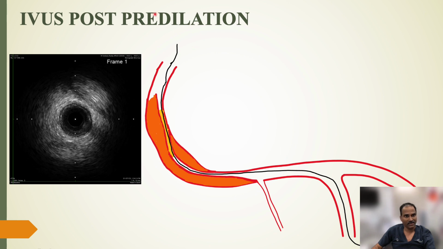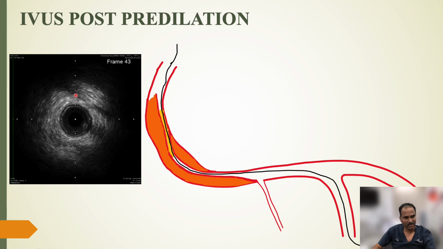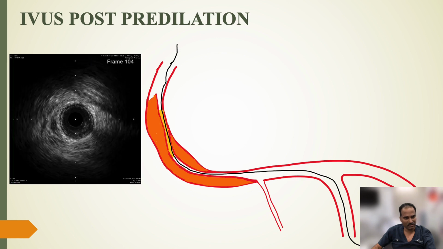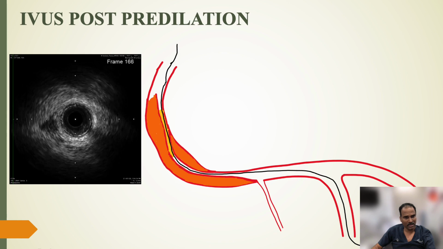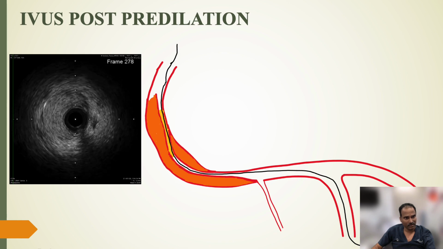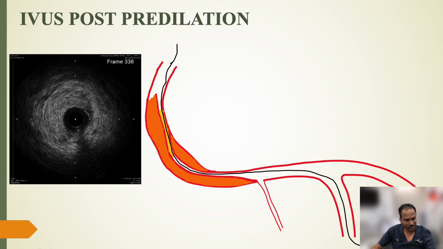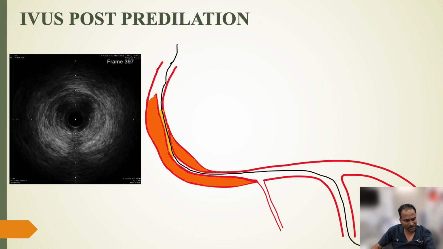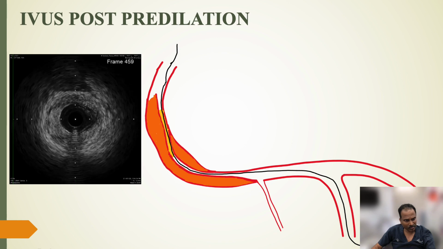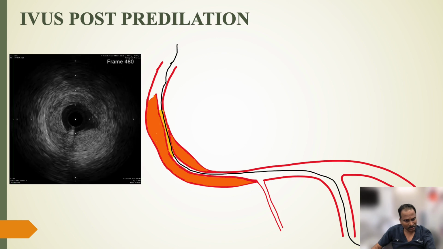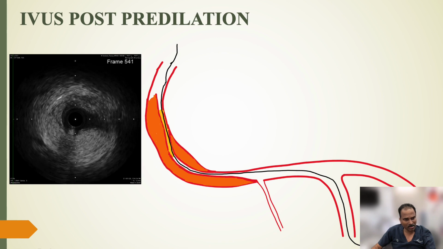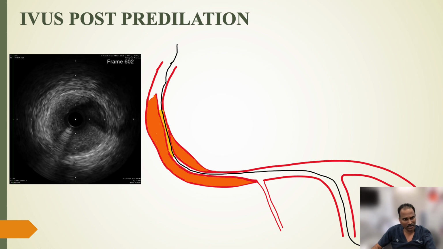So we did IVUS post pre-dilatation. You can see how the vessel looked. This is the IVUS, and this is all subintimal hematoma sitting here. At some point you can see the true lumen is separated all around, a circumferential kind of dissection.